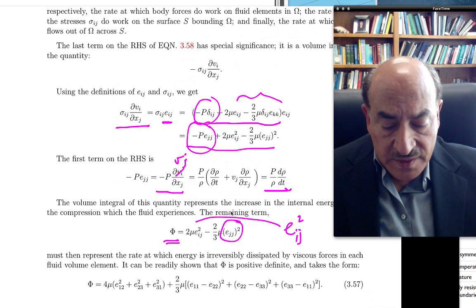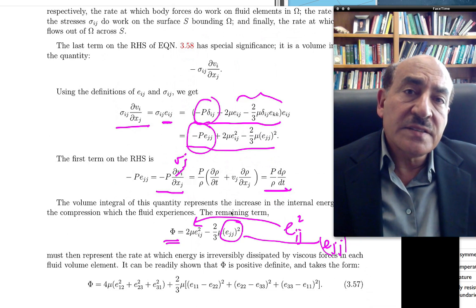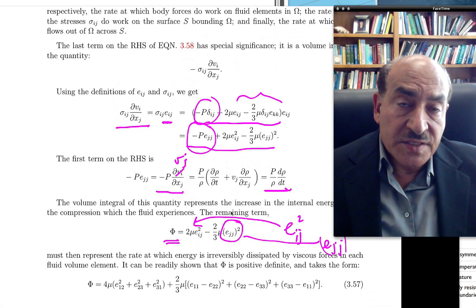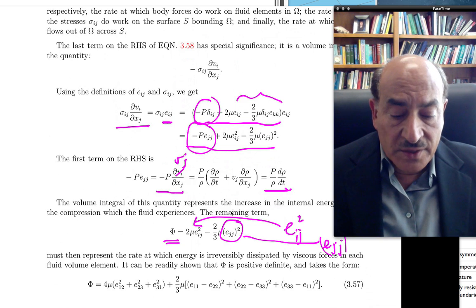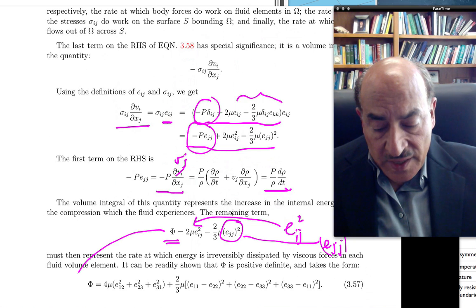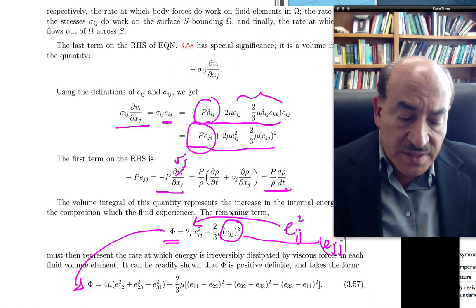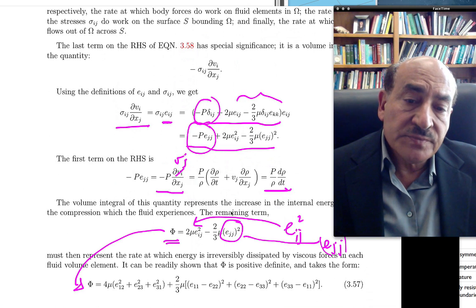This is right here, and this is Ejj all squared. Ejj is a sum of 3 terms because you sum over repeated indices along the diagonal of the tensor. When you reduce this phi, you can show by yourself that it has this expression 357.